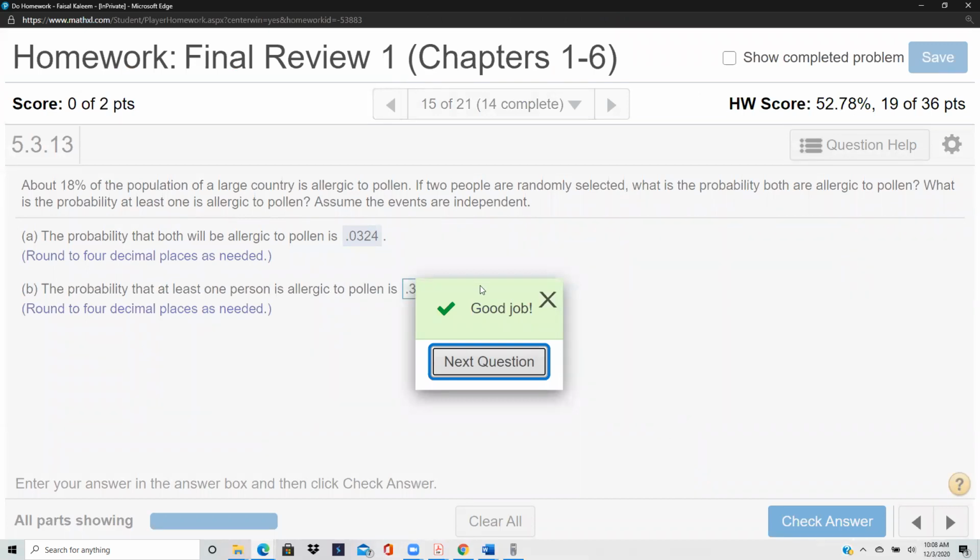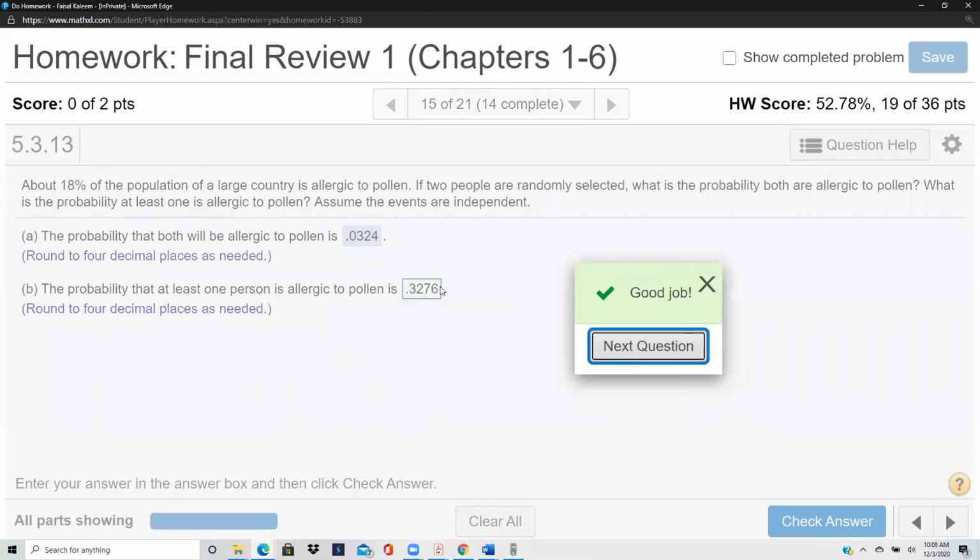And the old way, how would we do it? We do none is 0.82 times 0.82, right? And then you subtract that product from 1.